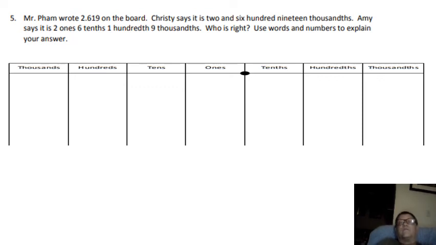Who is right? Well, let's start by just plugging what they're saying it is into the place value chart. So, Christy says it's 2 and 619 thousandths. So it'd be 619 thousandths. And this here is Christy.